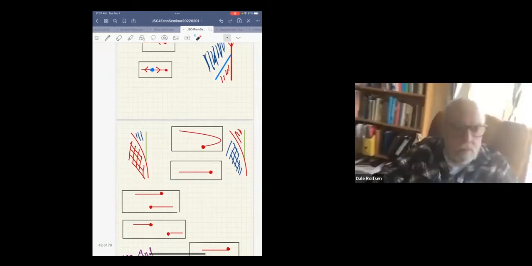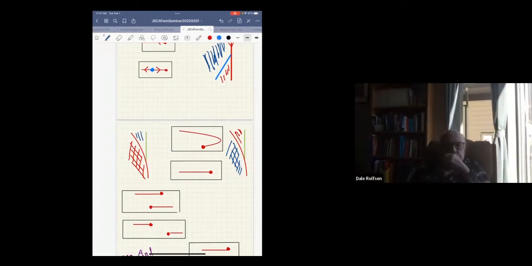So let me just remind you that we want to construct branch covers of S3, braidings of branch covers of S3, branched along knots.